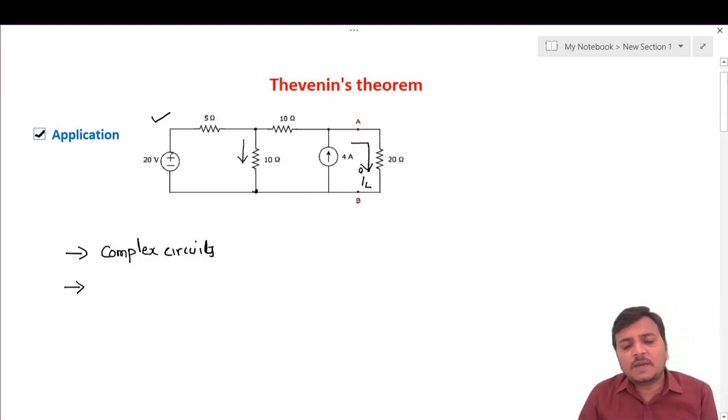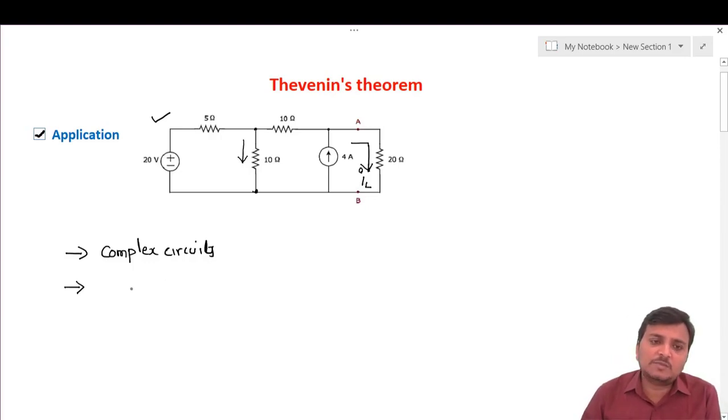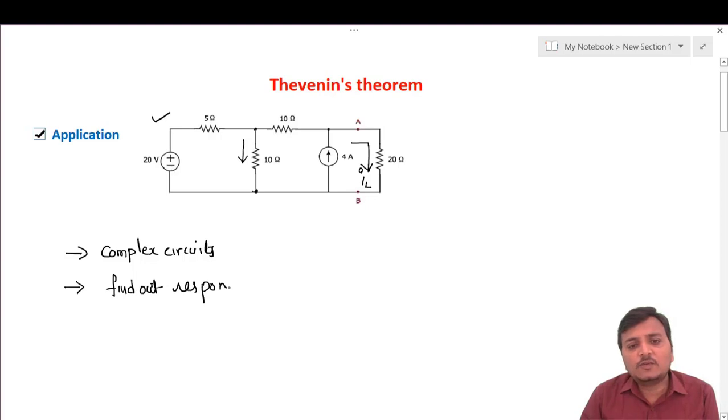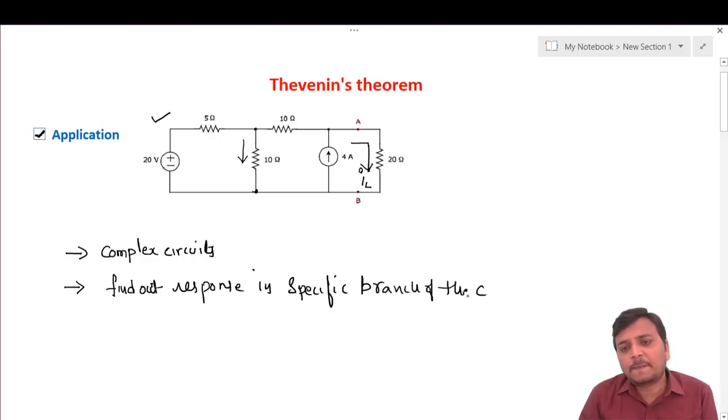So by using Thevenin's theorem, I can find the current or the power at a specific point or specific branch of the circuit.